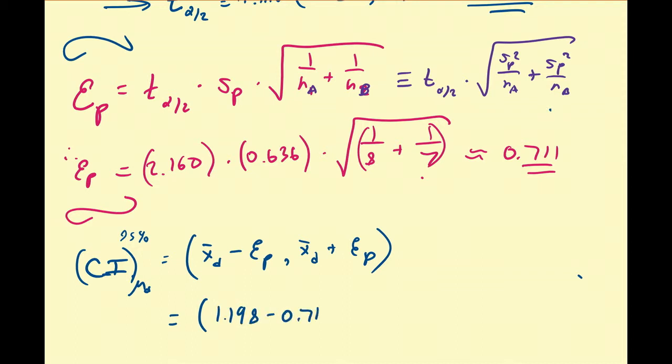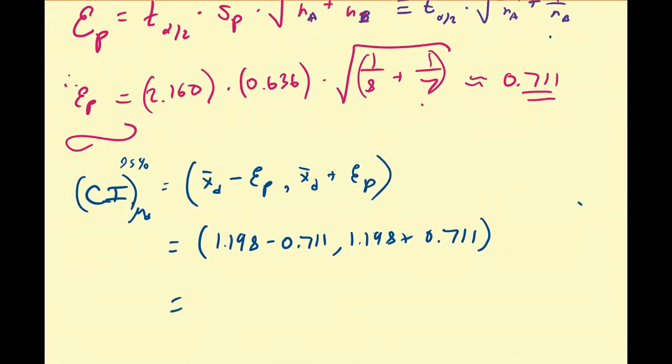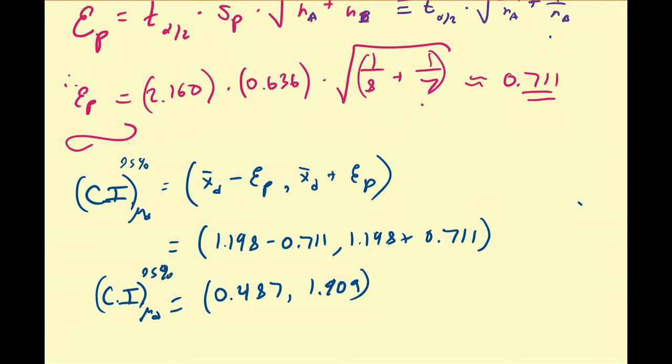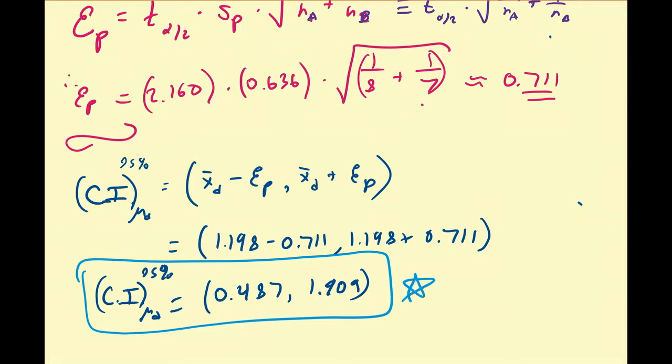Subtract our marginal error, 0.711, and then our point estimate, 1.198, plus our marginal error, 0.711. And once you calculate those boundaries out, you're going to get 0.487 and 1.909. And this is the confidence interval for our mu difference under a level of 95% confidence.